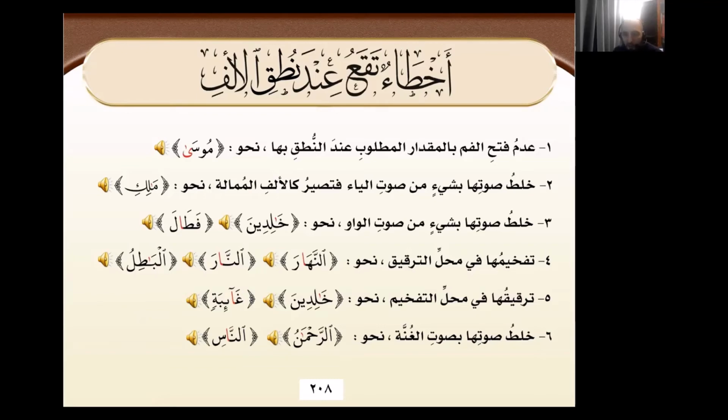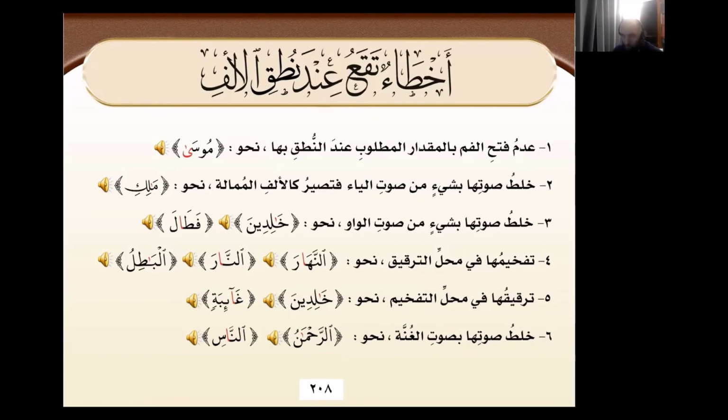Here I'm making it a little bit more emphatic, but it should be an-nahar. But you have to be careful not to make the ra light as well. When you try to pronounce the nun and the ha light, make sure you also don't make the ra light, because in this case the ra is emphatic.